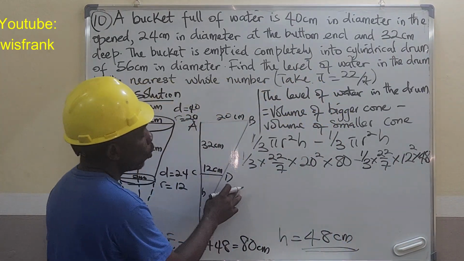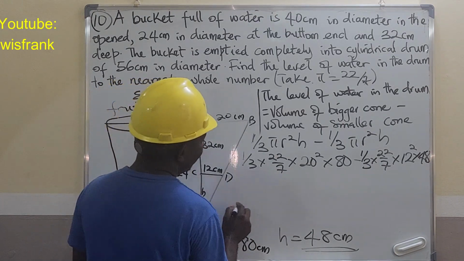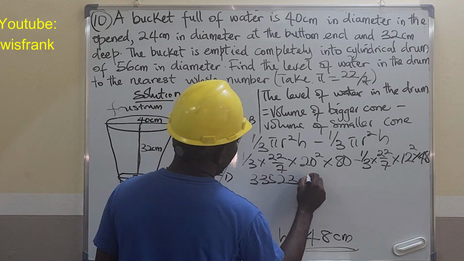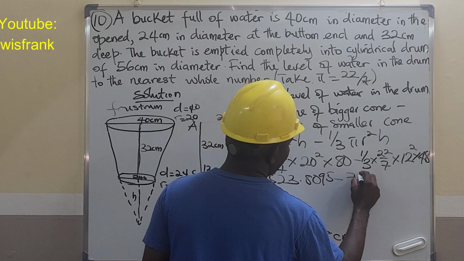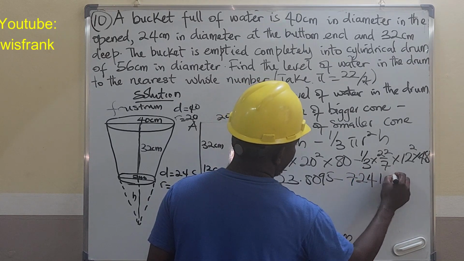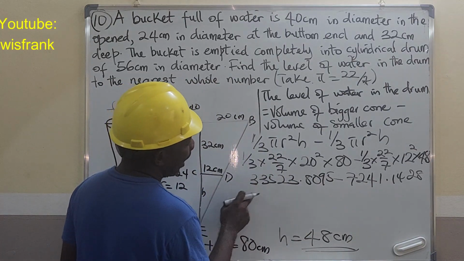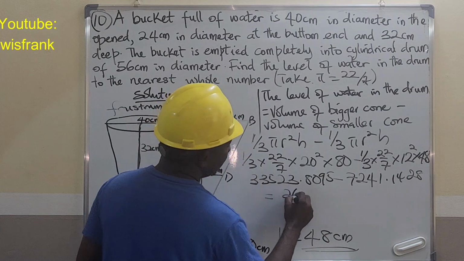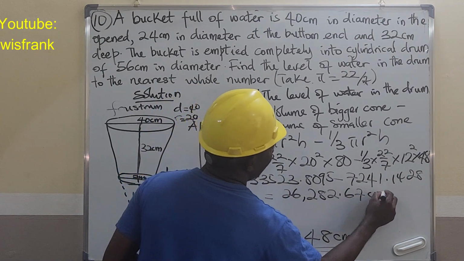So here we can multiply this out. When we multiply this out, we are going to have 33523.8095 minus 7241.1428. Then here, when we punch our calculator, this minus this is going to give us 26282.67 cm cube.